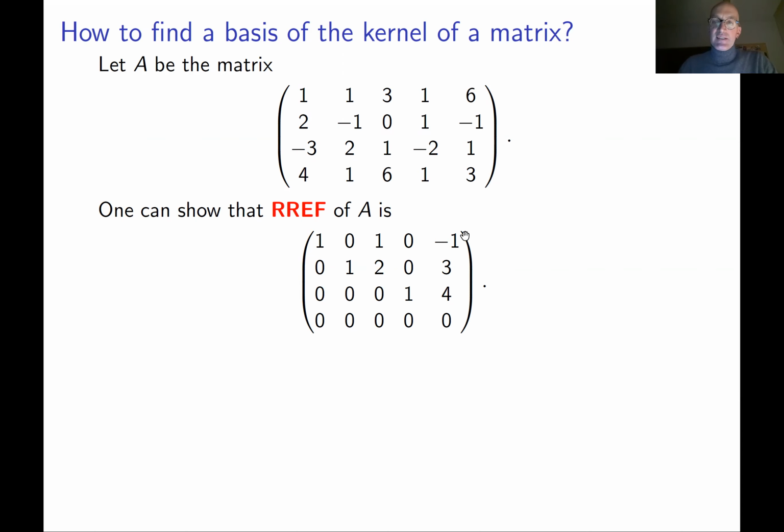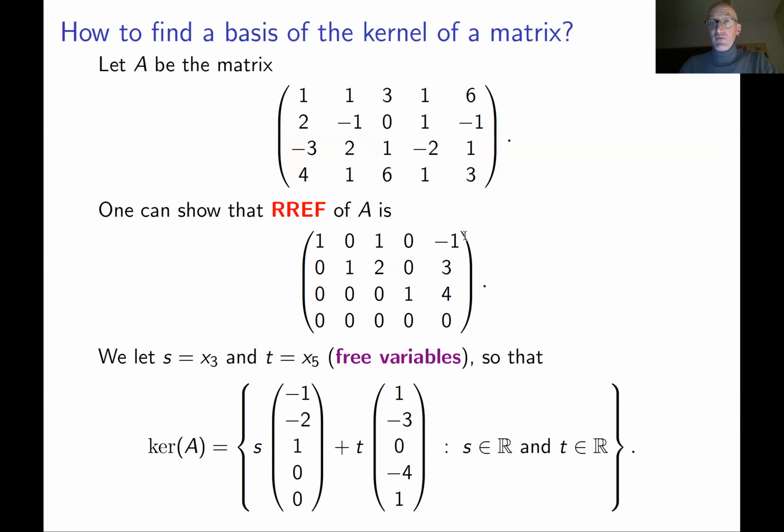Similarly, you can translate this into a system of equations, and you can solve it, and you get the solution. Basically, you can take x3 and x5 to be any number. These are your parameters. In most books on linear algebra, they are called free variables, and you can express all other unknowns in terms of them.